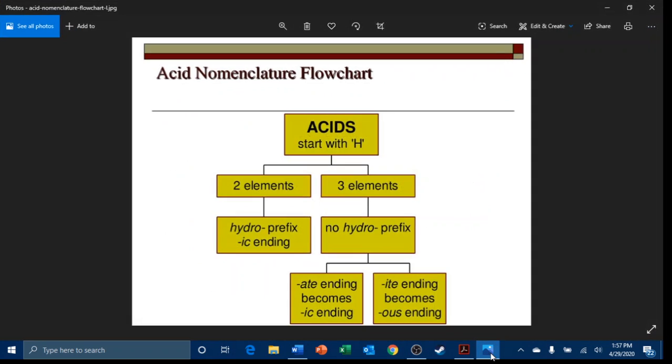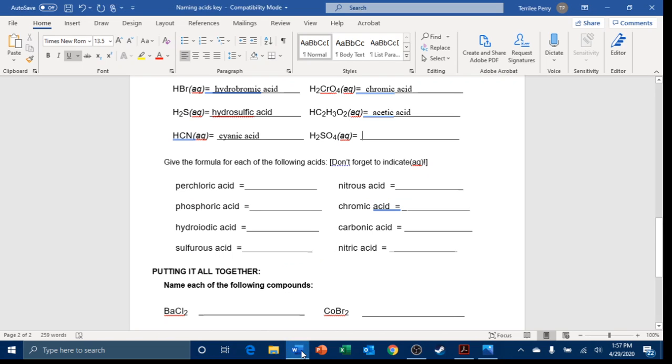Okay, and if it's ate, it goes to ic. So this is going to be sulfuric acid. Okay, so you have sulfur and ic. Some of these you have to kind of play with them a little bit. If you're not quite there, if you had said sulfic acid, I'm probably going to give that to you. Okay, because some of these are kind of hard.